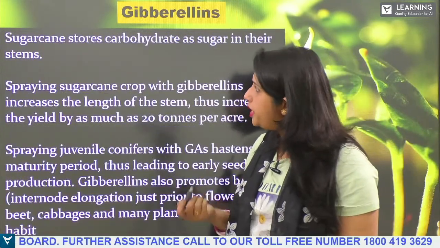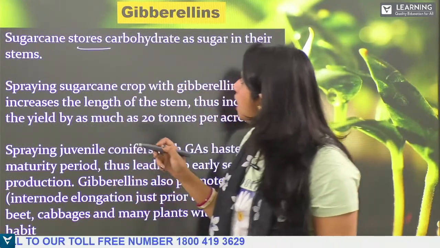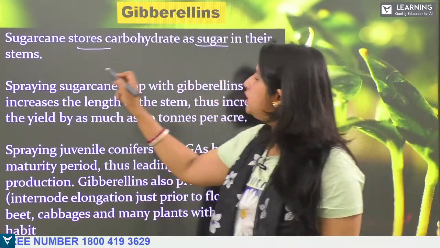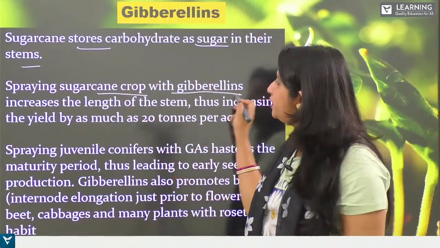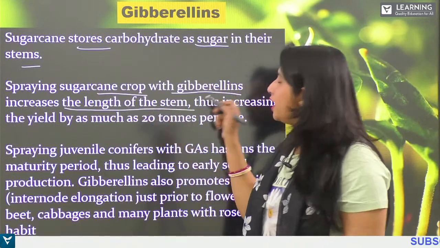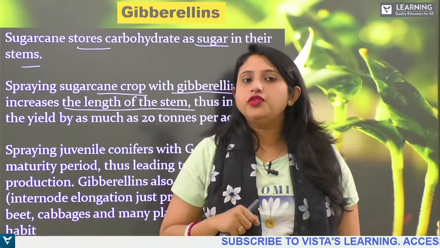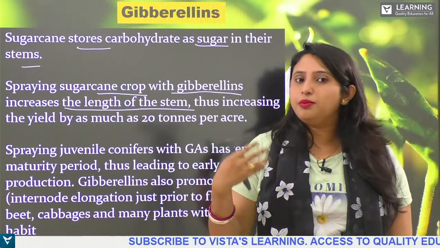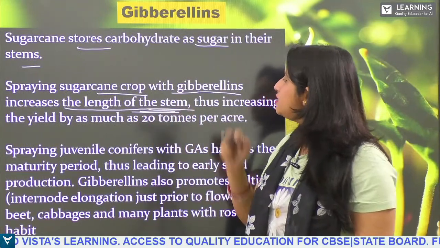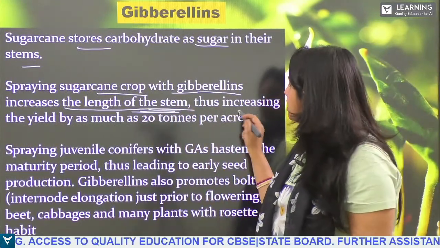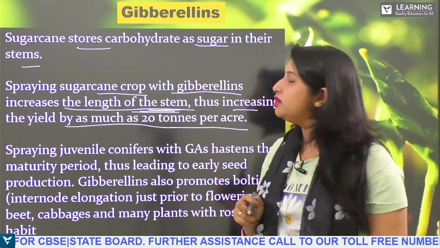Next, sugarcane. Sugarcane stores carbohydrate as sugar in its stems. Spraying the sugarcane crop with gibberellins increases the length of the stem, thus increasing the yield by as much as 20 tons per acre.